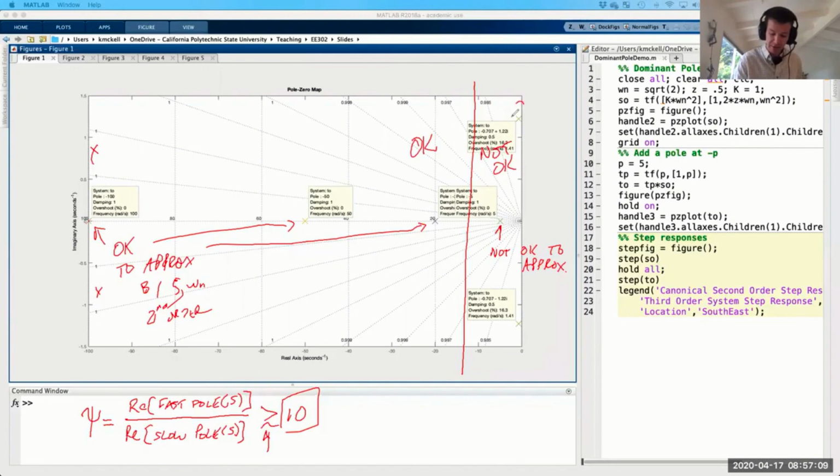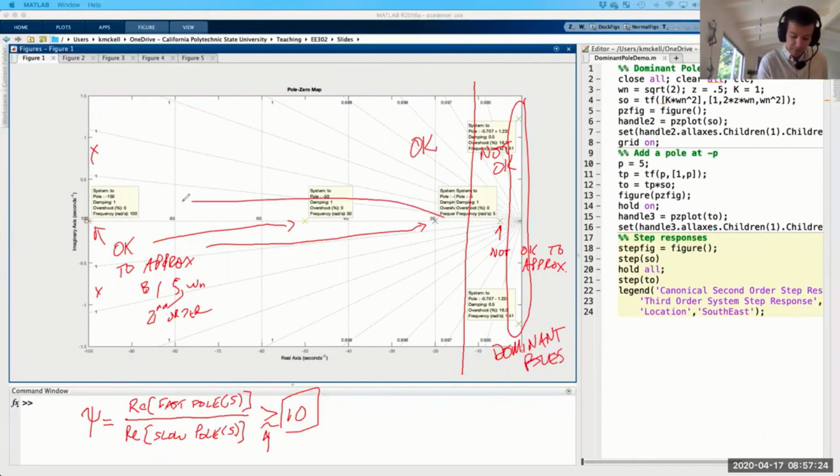And these are the dominant poles. And these are the non-dominant poles, or the dominated poles.